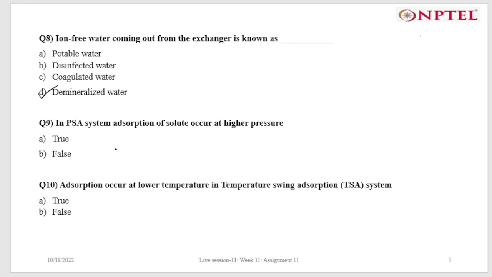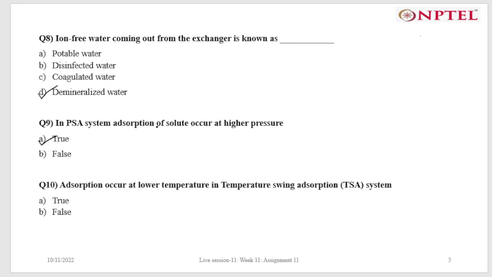Is this statement true or false? It's option A, true.